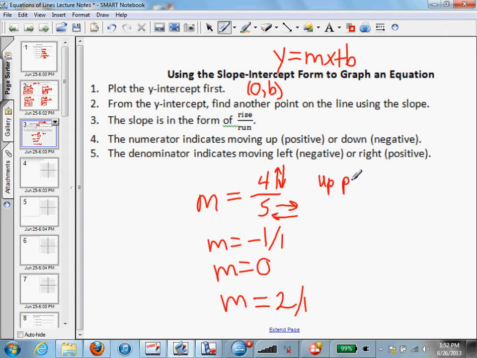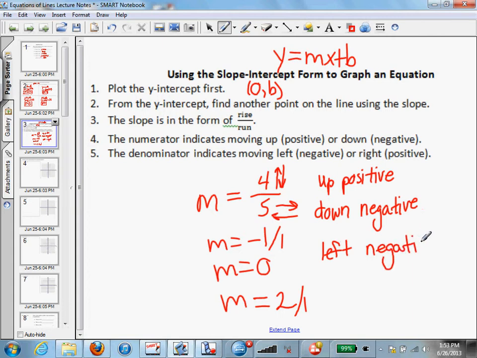You move up for positive, and you move down for negative. You move left for negative, and you move right for positive.